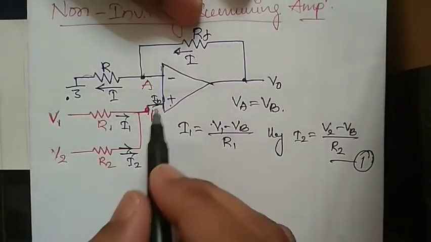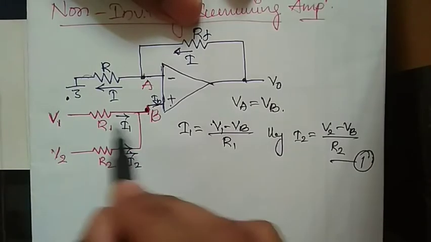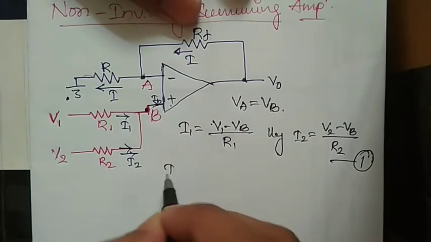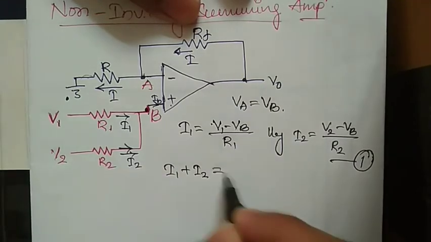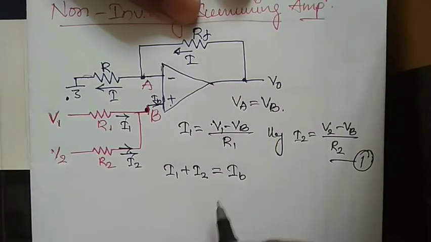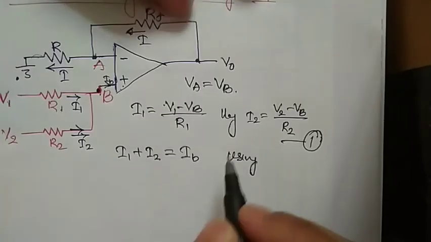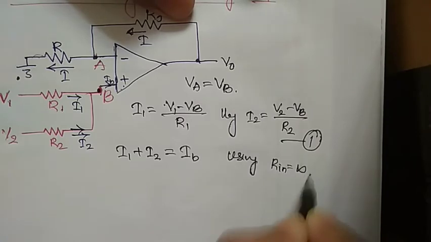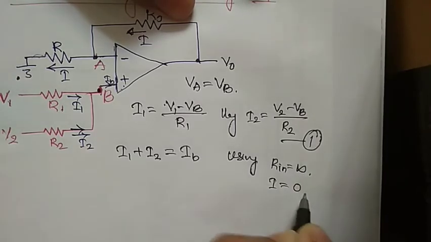And let me consider the KCL at the node B. The incoming current equals the outgoing current, that is I1 plus I2, the two incoming currents, equals the outgoing current, that is IP. Using the characteristics of the op-amp, your input impedance is infinity. If input impedance is infinity, then the current is zero.